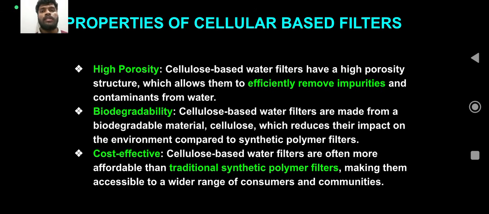Since synthetic polymer filters are not biodegradable, while these cellulose based water filters are biodegradable, they do not cause any harm to the environment, and they are cost effective. The cost of cellulose based water filters is very much less when compared to traditional synthetic polymer filters. So many people use these cellulose based water filters.